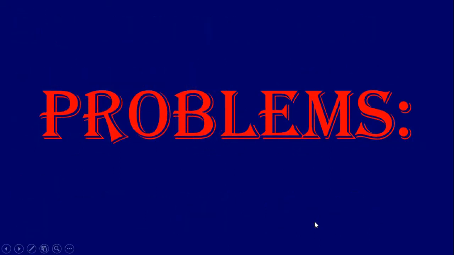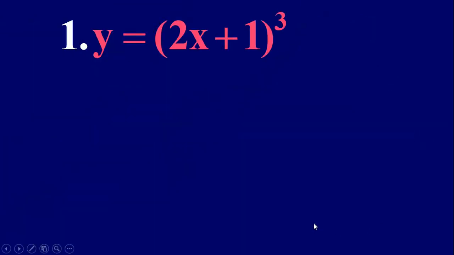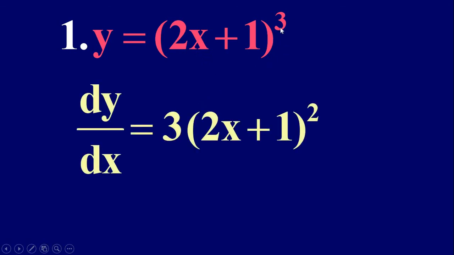We discuss some problems. First one, y equal to 2x plus 1 whole cube. Now this is of the form x cube. Now x cube differentiation is 3x square, but it is not x. In place of x we have 2x plus 1. So you write first dy by dx equal to 3 into 2x plus 1 whole square.